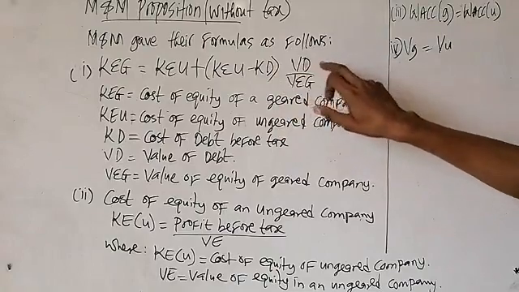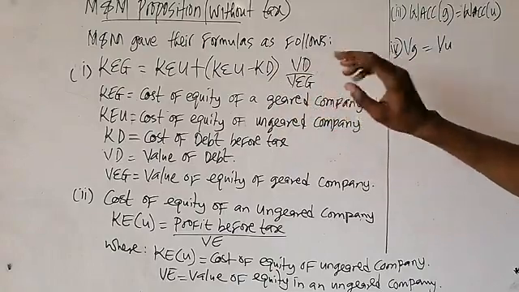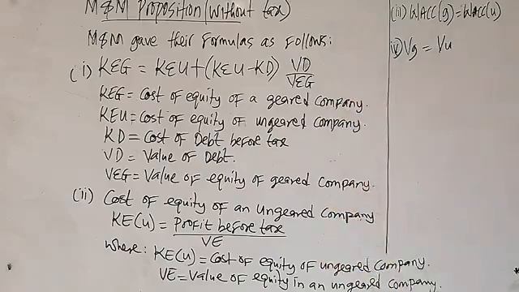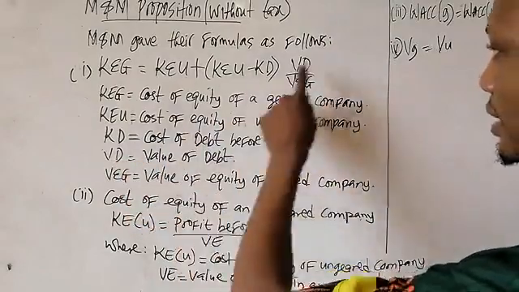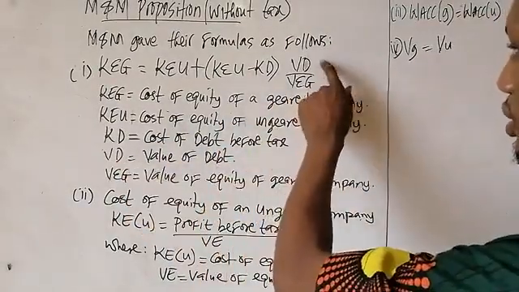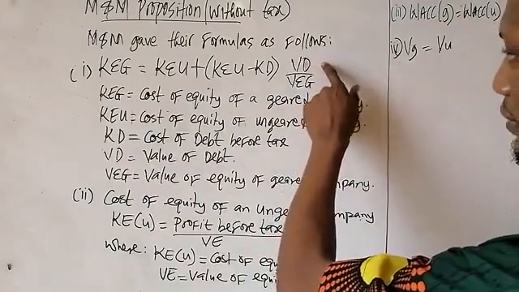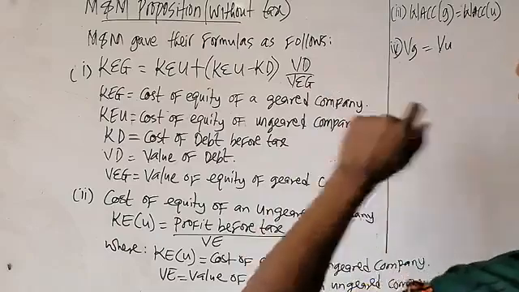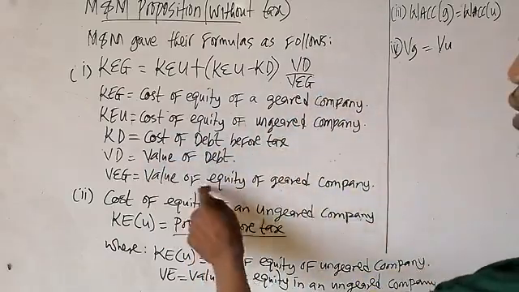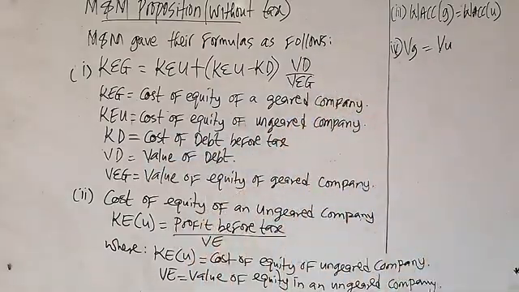When I say value of debt, it means the value of the company that has an element of debt in it. This VD is the value of debt, not VG. And VEG is the value of equity of Z company. So this is the formula for computing the cost of equity of Z company, as postulated by M&M.